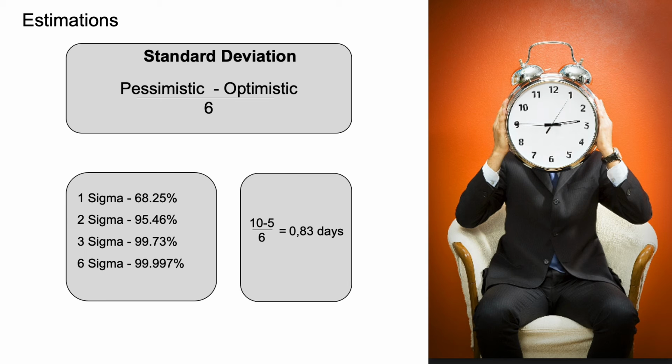So to calculate a standard deviation, we use a similar formula: pessimistic minus optimistic, divided by 6. In our case, we have 10 minus 5, divided by 6. So we're getting the result 0.83.